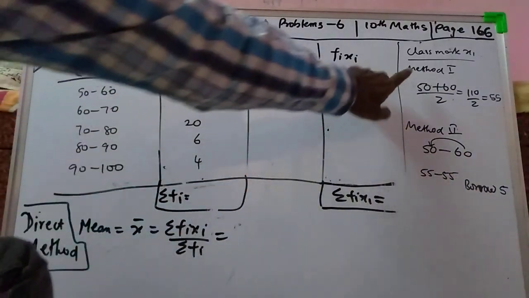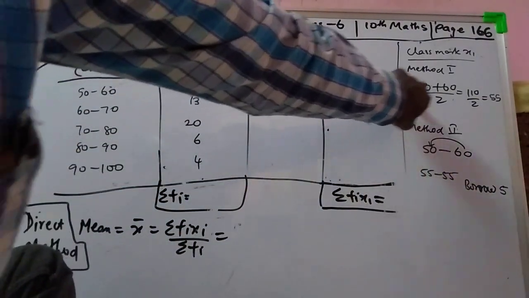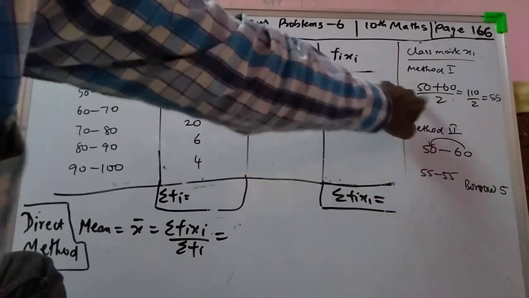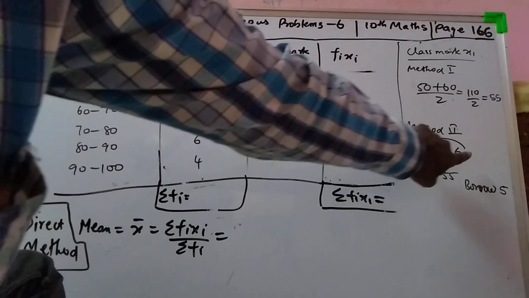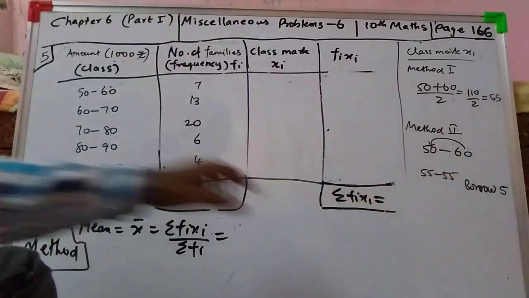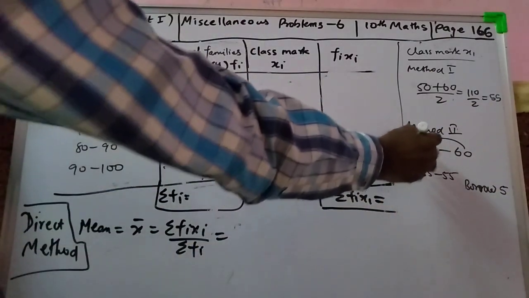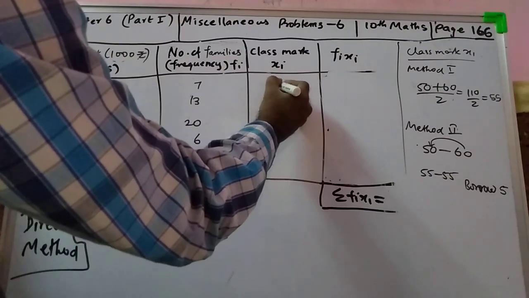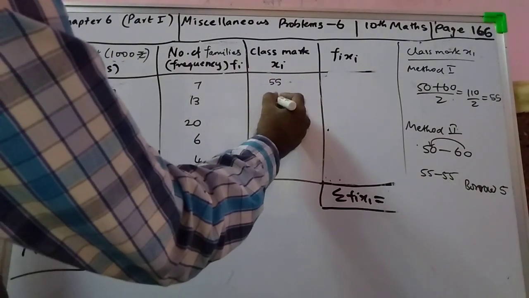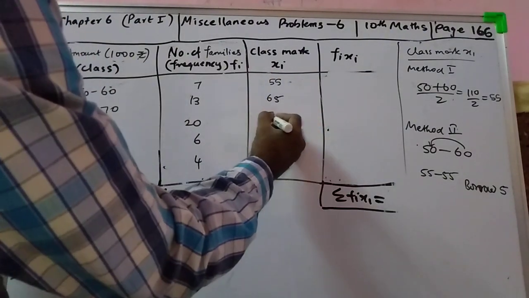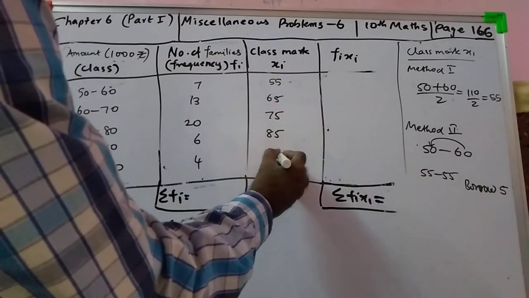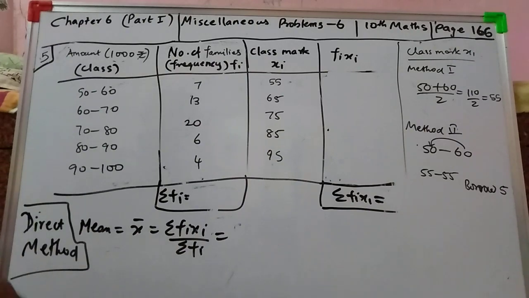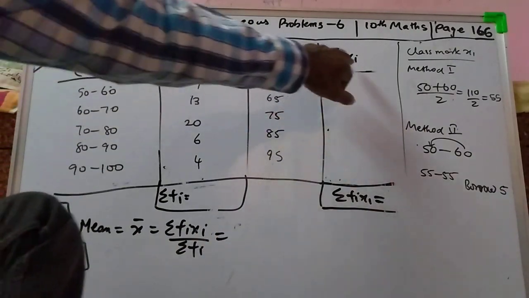You can follow any method. Method 1, you add and divide by 2, but it is time consuming, you have to add all. The shortcut method is, you just borrow 5 and you will get it. Here it will become 65, here 75, 85, 95. Now you have to multiply fi xi here.